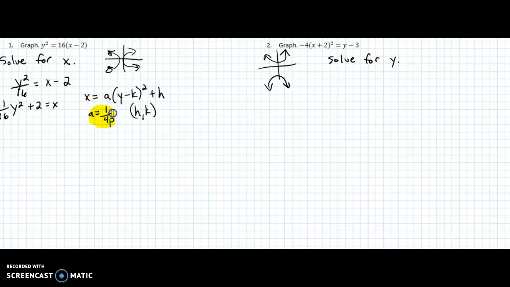This is something you will need to memorize and know. This is very, very important because that p will give us the focus and directrix, which we'll talk about as we get there. But first, the parabola has a vertex. For the vertex, we're going to look at the number inside the parentheses, which is 0, and then the number outside, which is 2. And this parabola has a vertex of 2, 0.